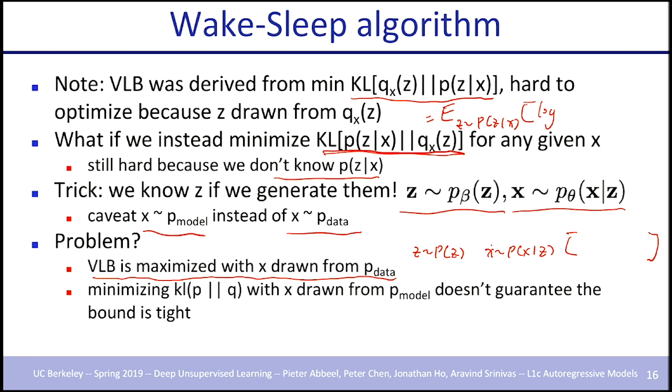So let's write it out. What does that mean? So that means log of P of Z given X minus log of Q of X, Z. Right? So this part does not depend on Q.